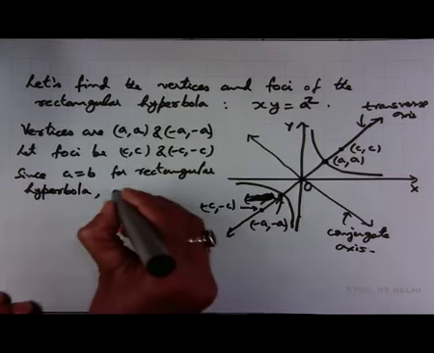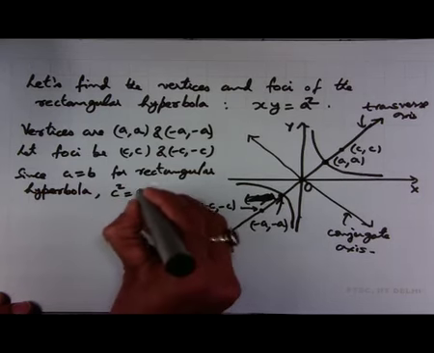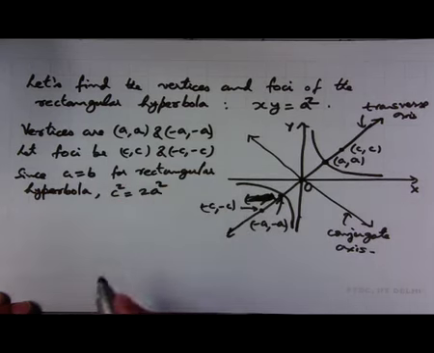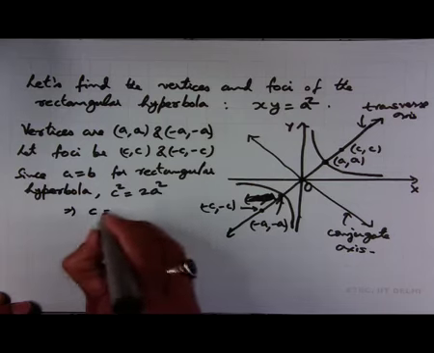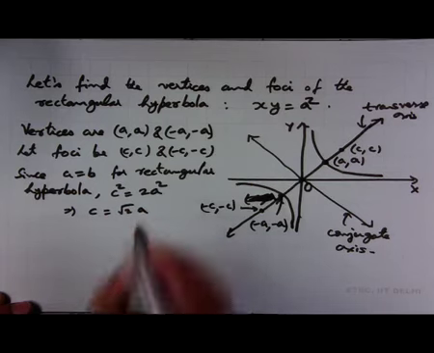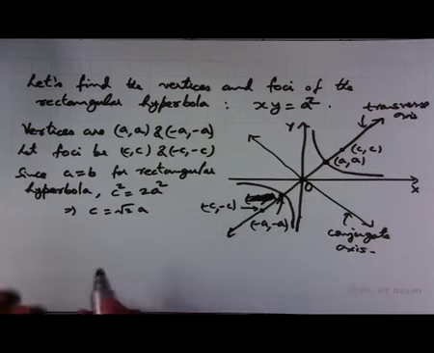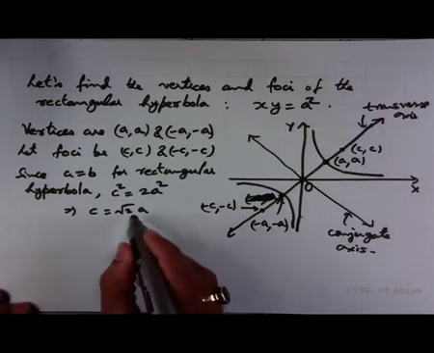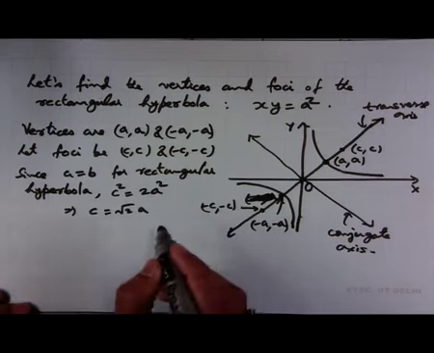Since a is equal to b for a rectangular hyperbola, we have c square equal to 2 a square, which means c is equal to root 2 a. So, the foci are at the points root 2 a comma root 2 a and minus root 2 a comma minus root 2 a.